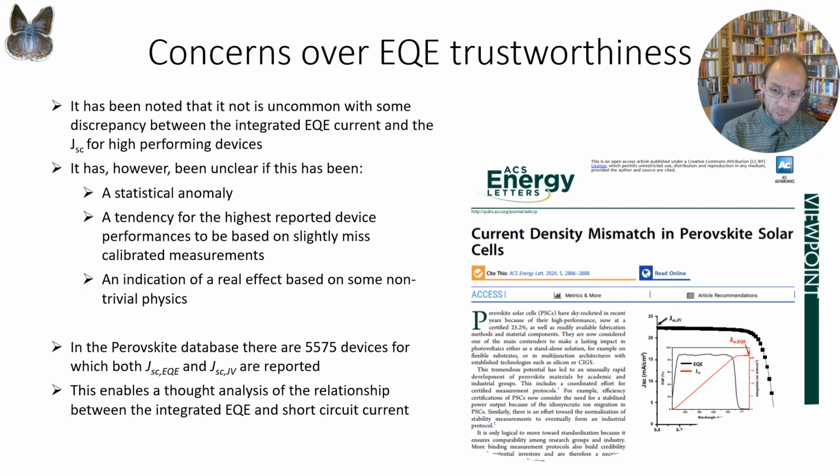But now, with the Perovskite database, we have close to 6,000 devices where we both have integrated EQE values as well as short circuit currents extracted from IV measurements, which allows us to look into this in some detail.